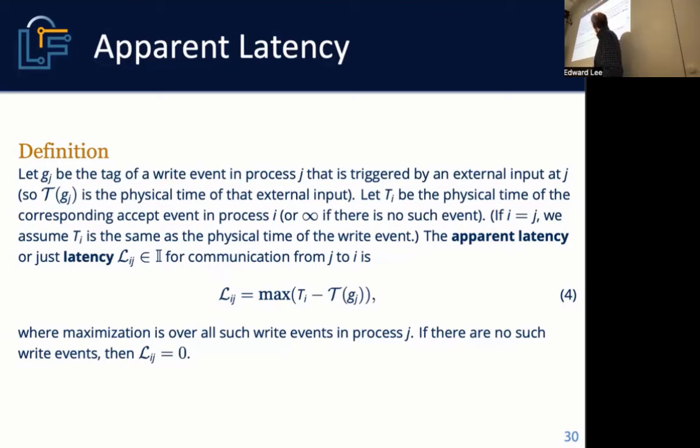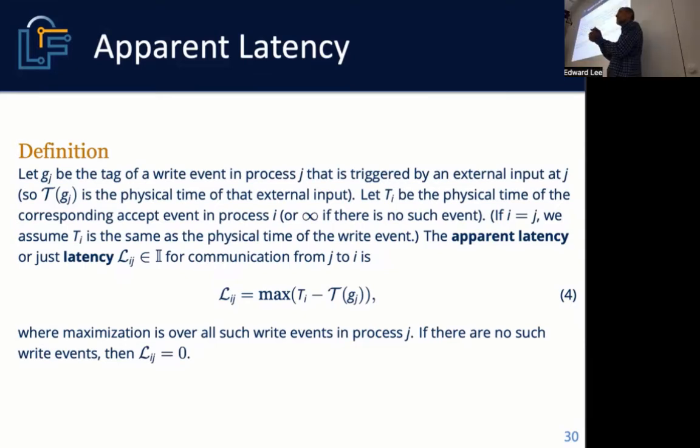So in other words, you have a physical action on one process, J. It gets assigned a timestamp. A message gets sent to another process, and at that other process, that message is received at a physical time. Okay. This is the apparent latency, the difference between the physical time at which you receive a message and the timestamp of that message.